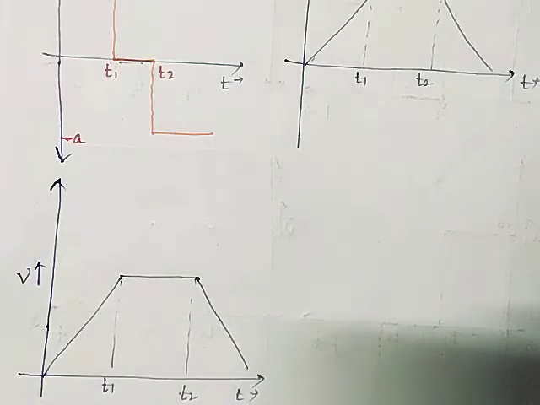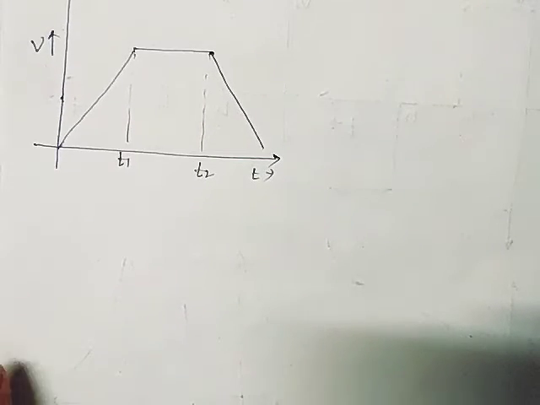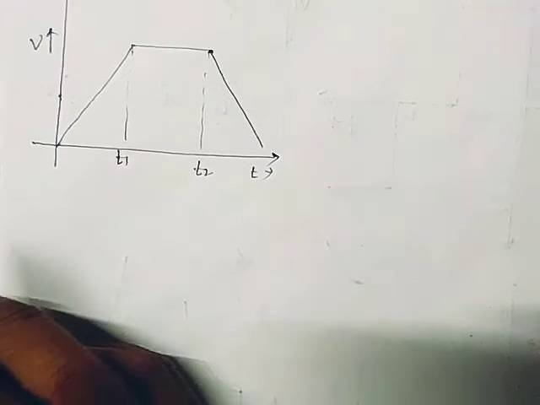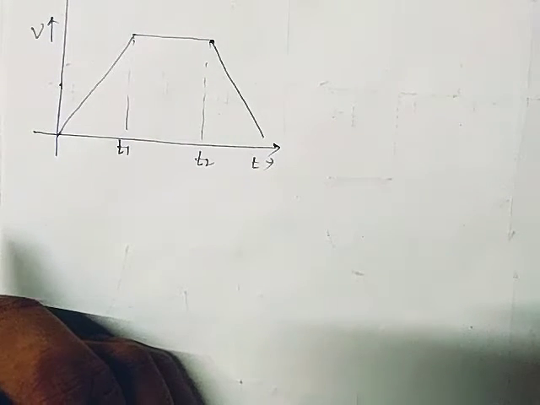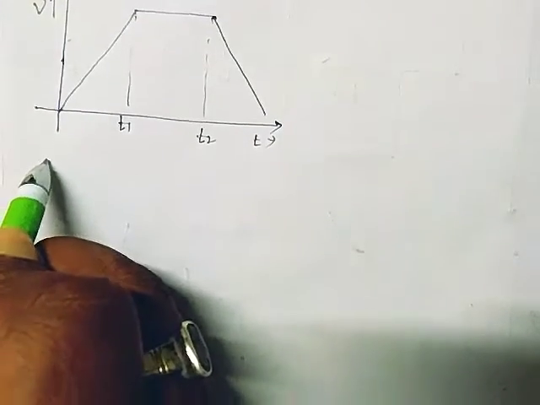But now I take an example. Here you see how the scalar quantity and the vector quantity are different, that we can observe from the graph.